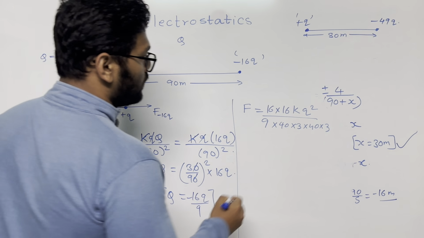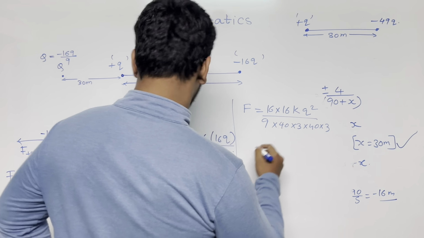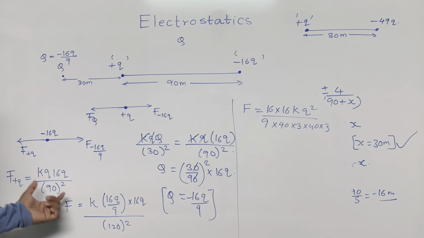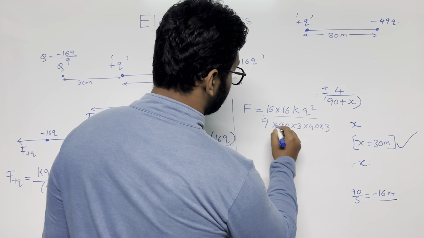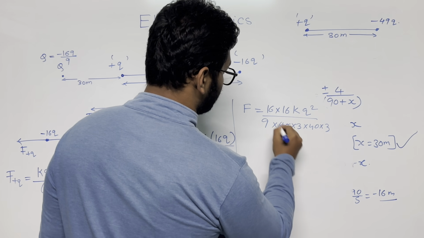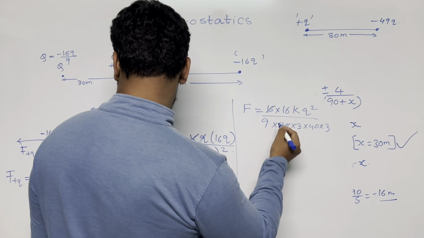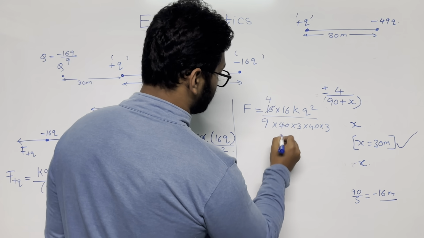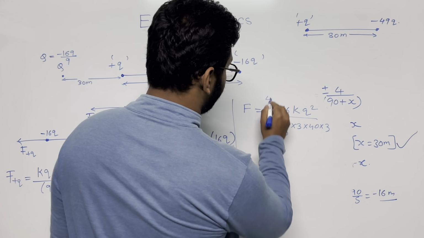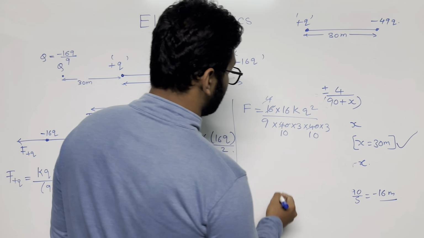I want this denominator to be 90 square, so let's divide by 4. 4 fours are 16 into 10, and this is 10.